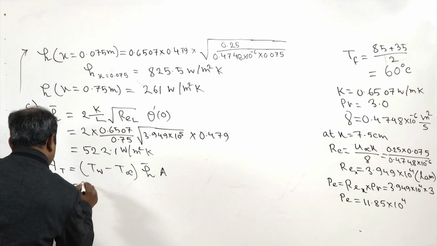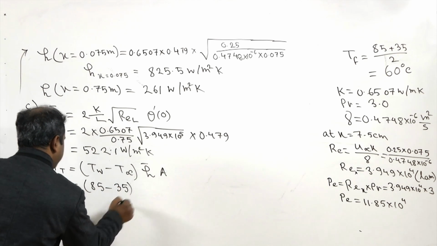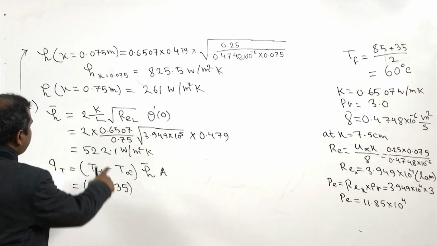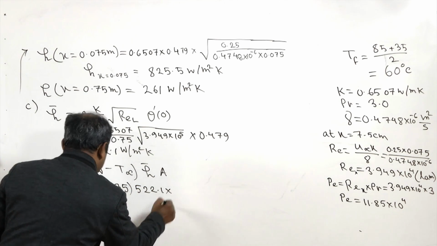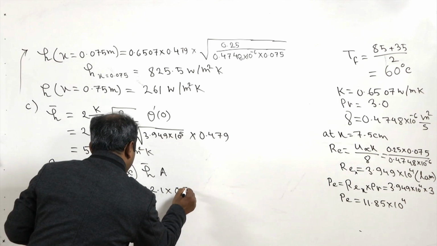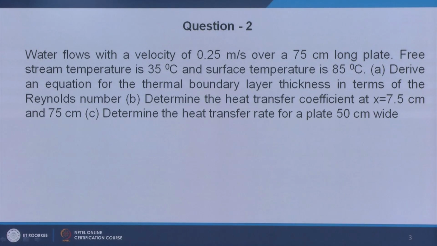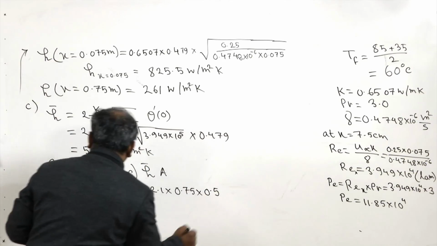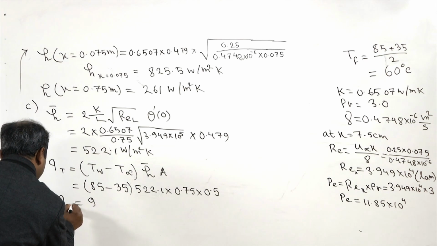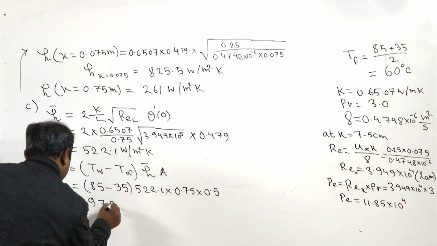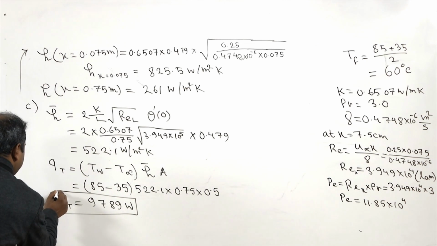Tw is 85, minus T infinity is 35, the free stream temperature, h bar we have just now found out, 522.1, and area is nothing but 0.75 into the width, which is 50 centimeter, so 0.5. So ultimately this Qt becomes something around 9789 watt. So this is the last answer, part C.